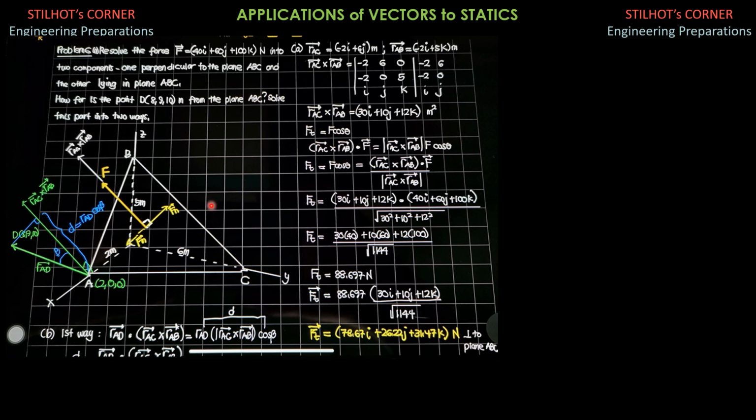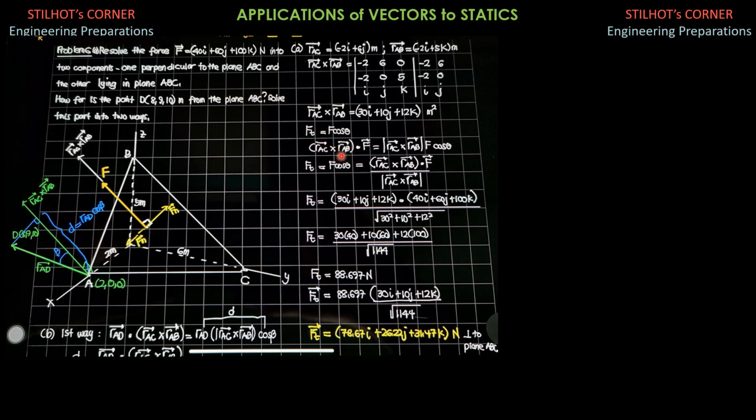So it is F cosine theta. Take note. It may be cosine of beta, but I just call it F cosine theta, where theta is the angle between F and this direction, supposedly.